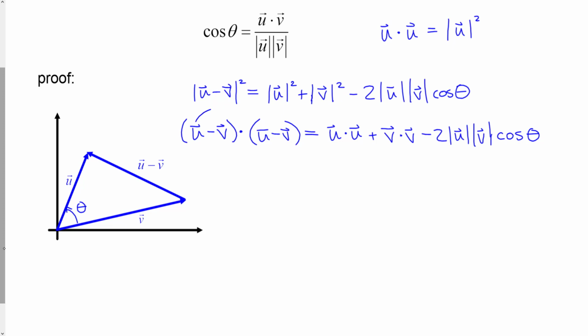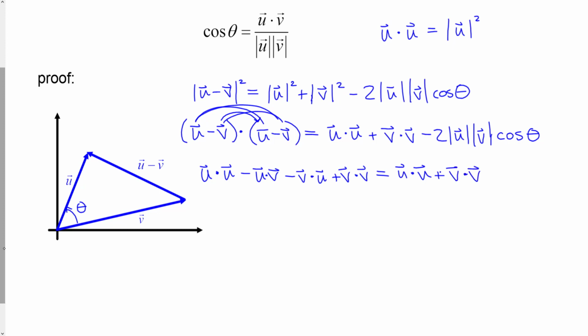If I take the first two and dot product them, it would be u dot u. The outer two would be minus u dot v. The inner two would be minus v dot u, and the last two would be plus v dot v. And then I'll recopy this part on the right hand side for now.